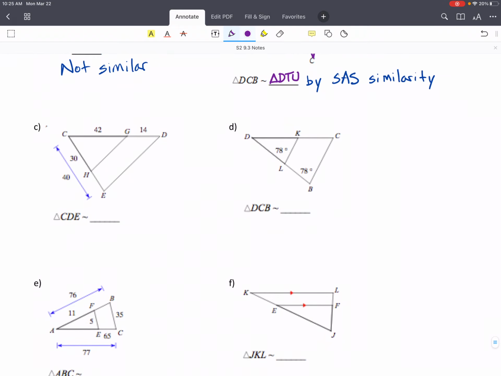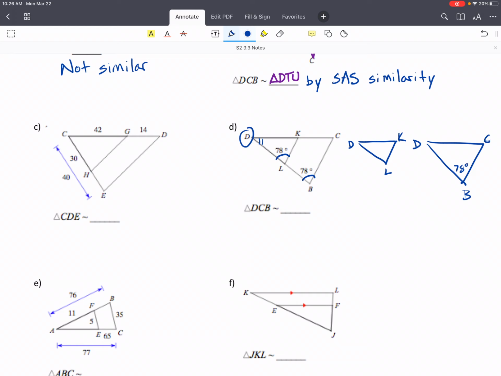Let's look at part D next, because we did something like part C. Part D, I don't have sides labeled, so it's just going to be angle, angle. I can see these two are congruent because they're both 78. But if I was to split these up, they both have angle D here. So for example, this would be DKL and this would be DCB.